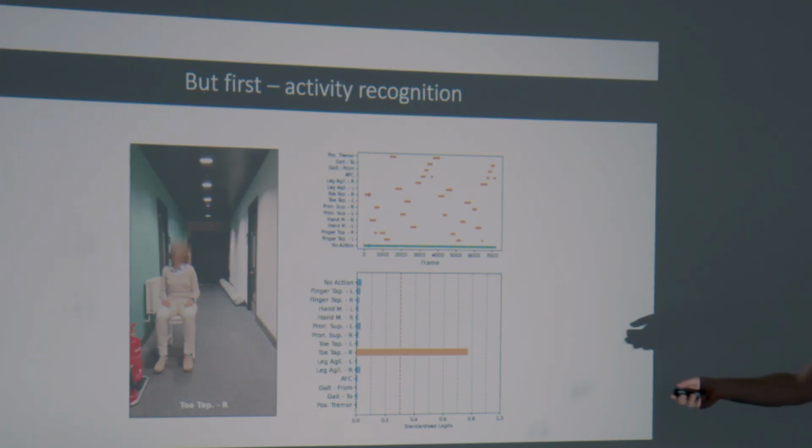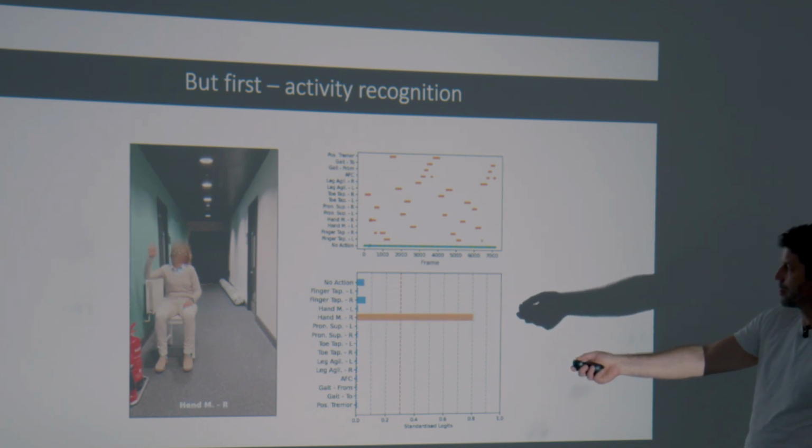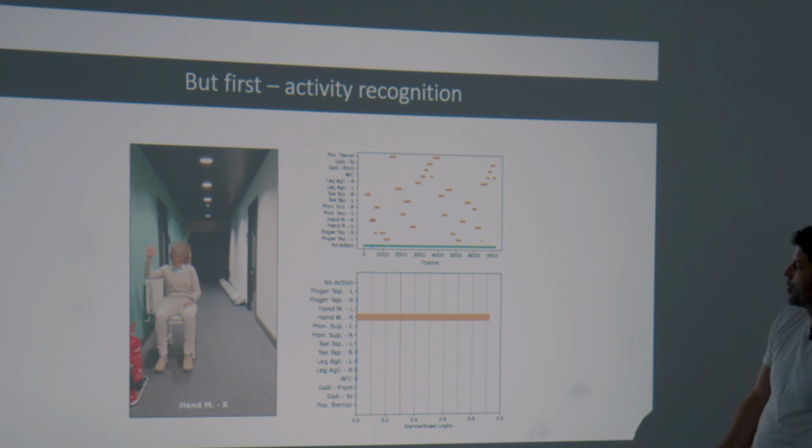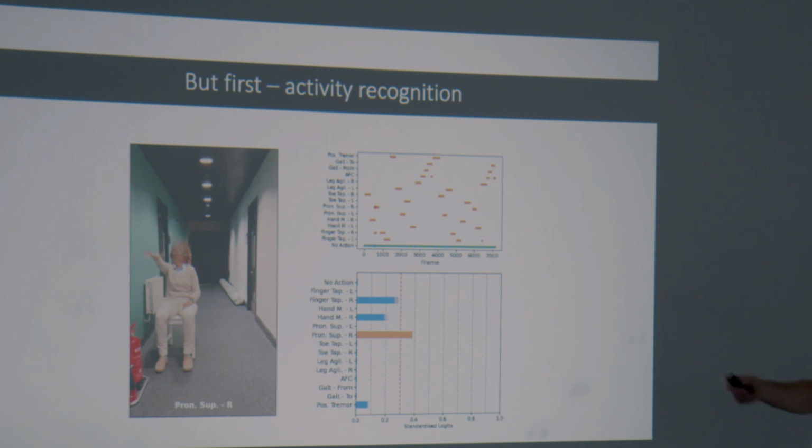What you can see here is the algorithm recognizing that they're performing right hand movements. Not sure what's going to happen next, but we'll see. So there's right hand pronation and supination. This is a long video, I'll stop it in a sec, but you can see we can do a pretty good job of recognizing when a patient is doing a particular action.